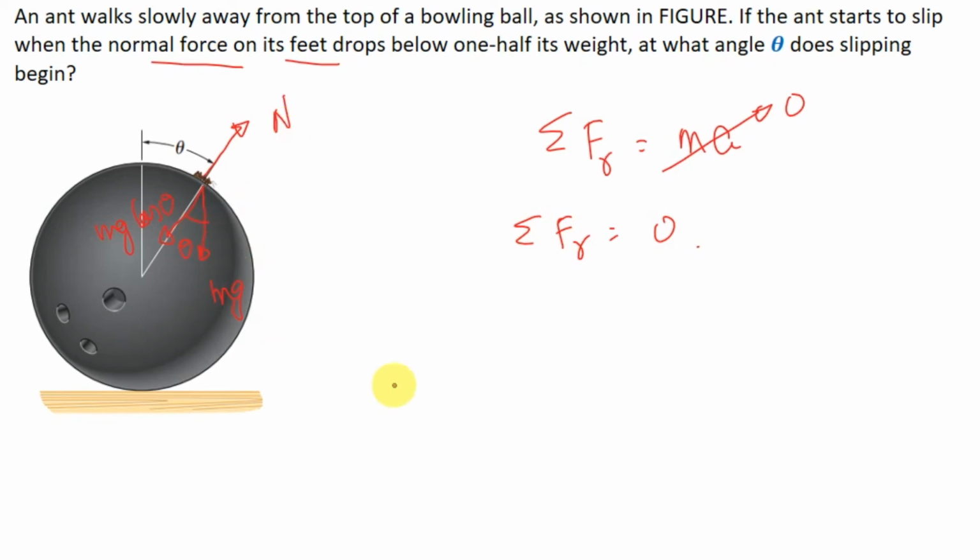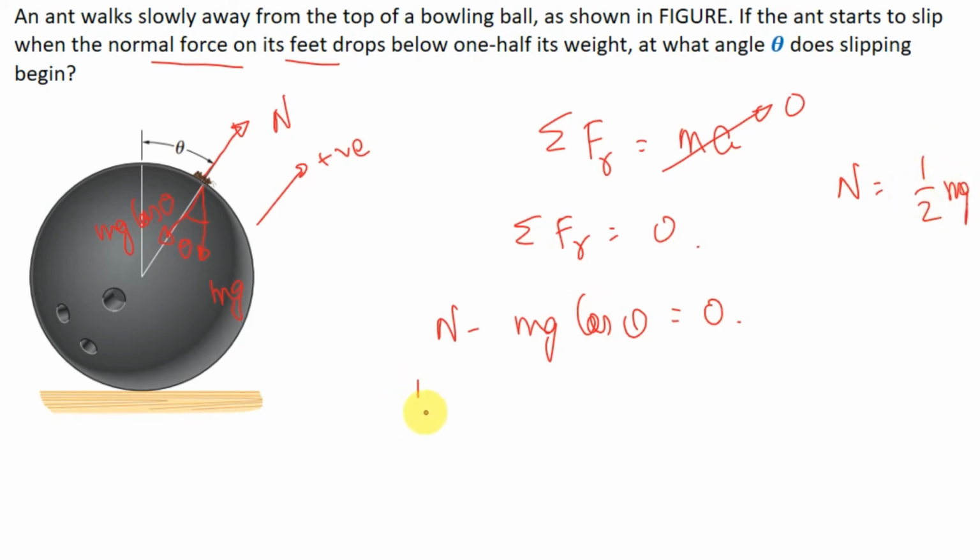Now along the radial direction we have two forces, N and mg cosine theta, and this direction I am taking positive, so we can write that N minus mg cosine theta is equal to 0, and in the question it is given that N becomes 1/2 mg, half of the weight force. So 1/2 mg minus mg cosine theta is equal to 0.